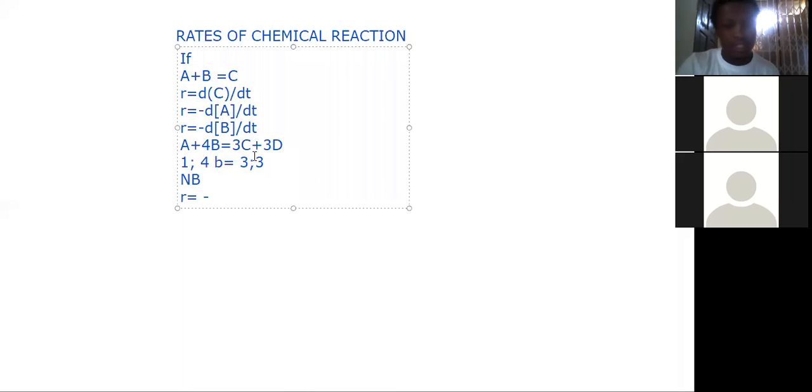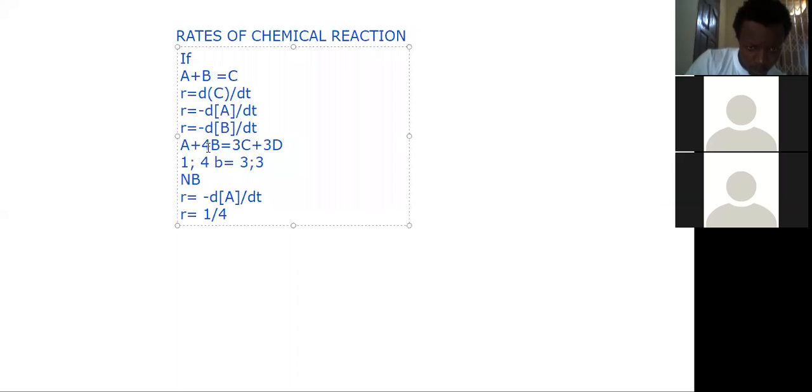This is only 1, so minus d[A]/dt. Now when we want to do that of B, it will be 1 all over 4, so the rate will always be 1 all over 4, 1 all over this, d[B]/dt, and don't forget that B is negative, so it is a reactant.